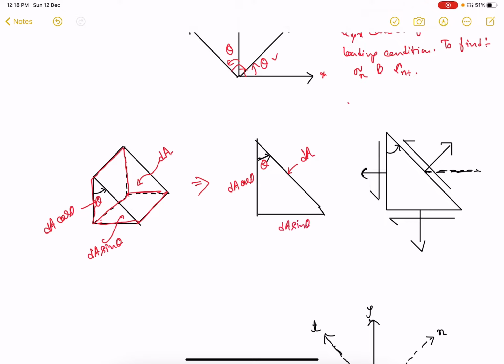Now convert the stresses to forces. Then what will it be?